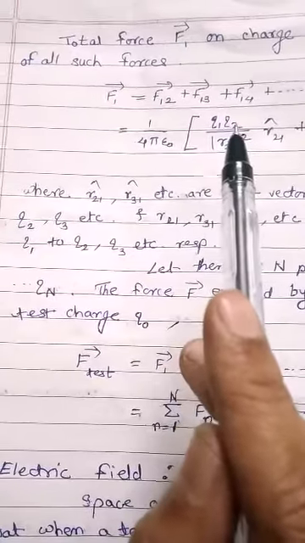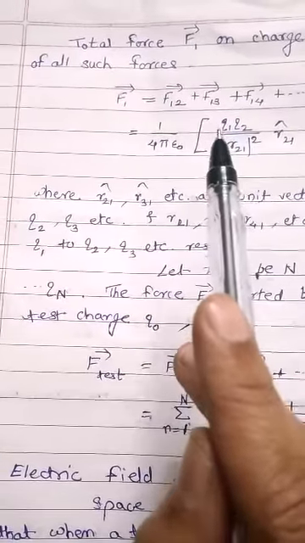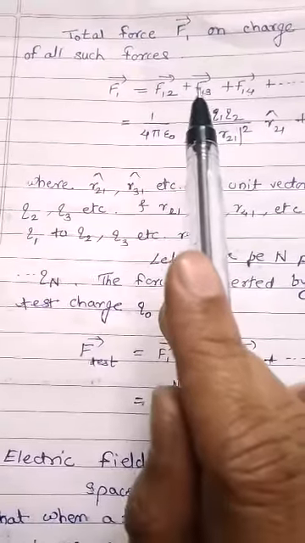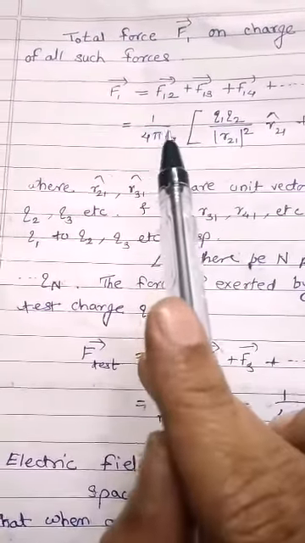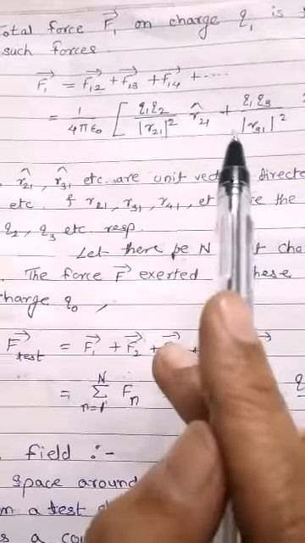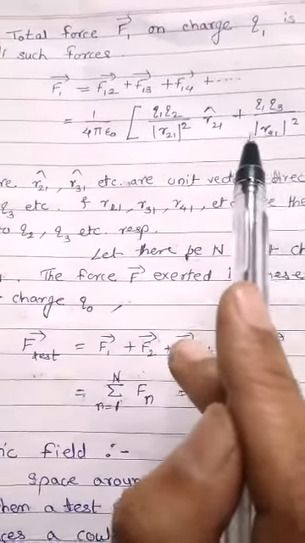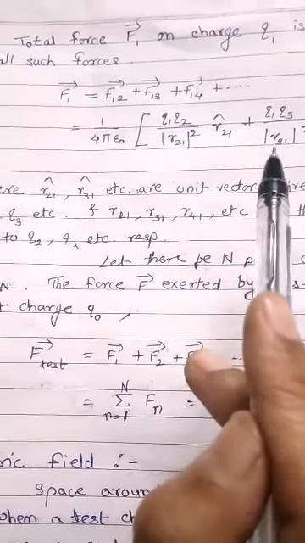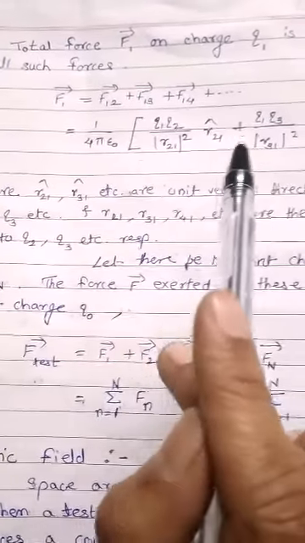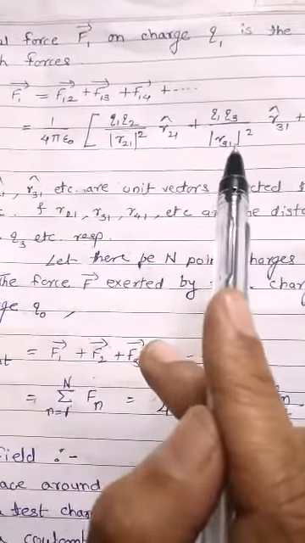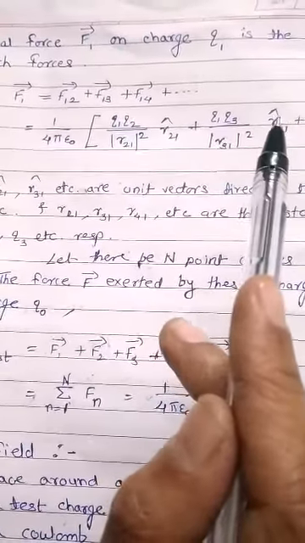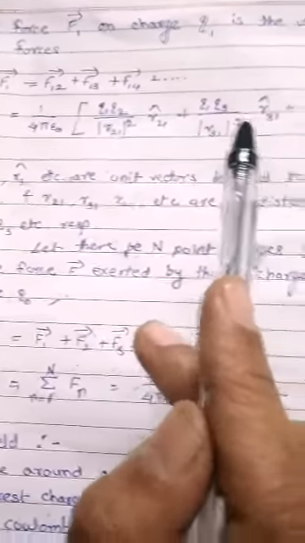Similarly F13 is 1 upon 4 pi epsilon naught, Q1 Q3 upon r31 squared, into the unit vector r31 cap, and so on.